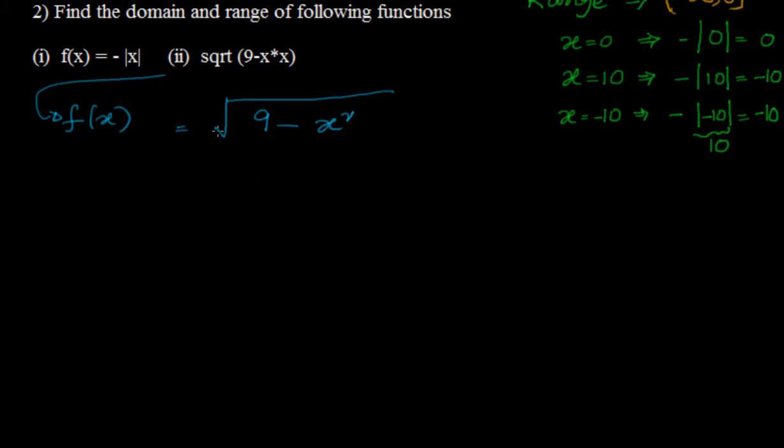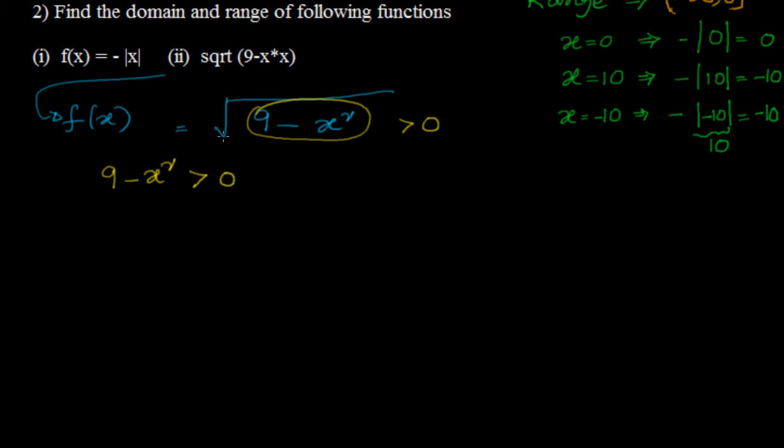Now remember, whenever you have square roots, you have to make sure that whatever is inside the square root should always be greater than or equal to 0. Why? Otherwise it will not return a real value, the function will return complex values. So to have real values, 9 minus x square should be greater than or equal to 0.